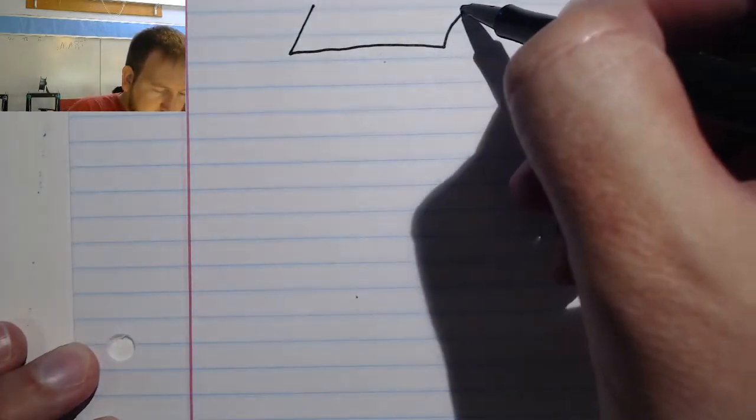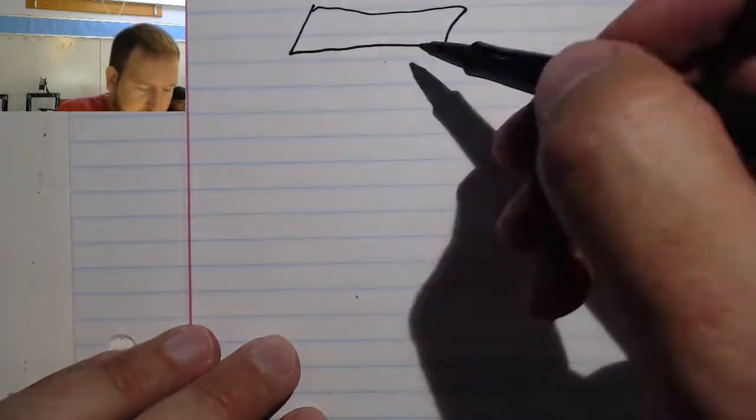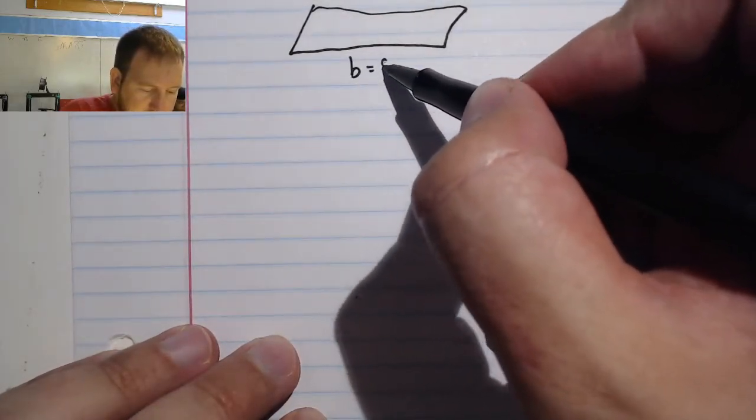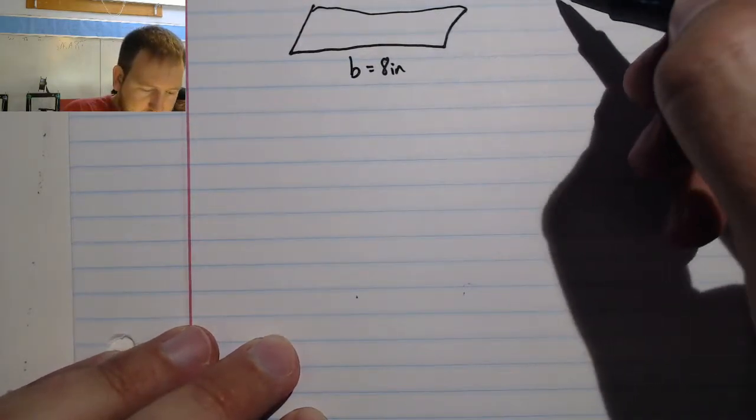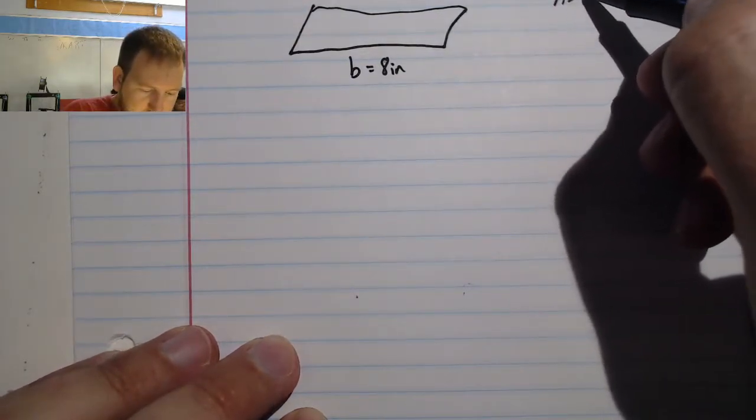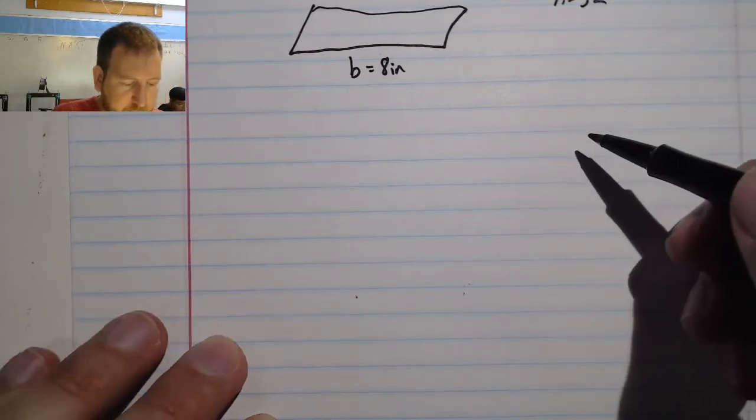Let's take a look at another quick example if you're still a little bit confused. My parallelogram is this. My base is 8 inches, and the area is 32 square inches.